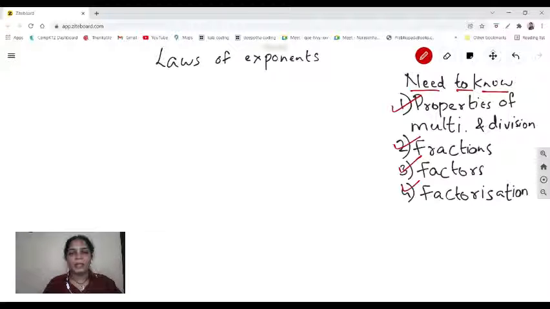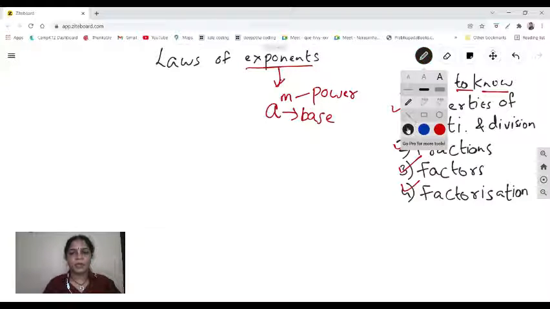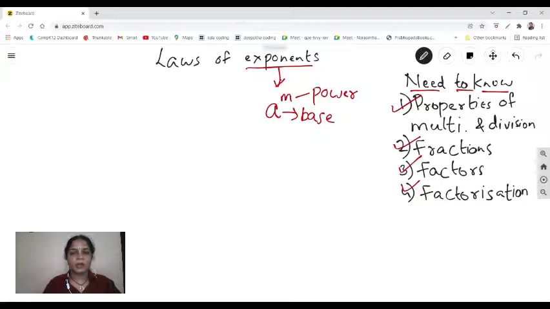So, let's start with the understanding of what exponents are. Exponents means something of this form: a to the power of m, where a is called the base and m is called the power. Now, where children start having problems is when they don't understand the meaning of it.